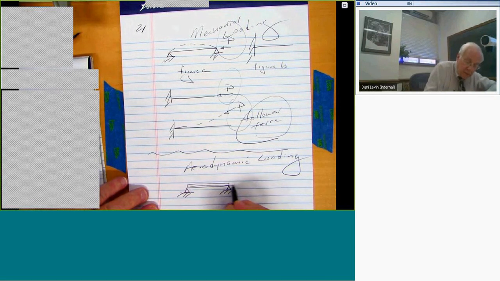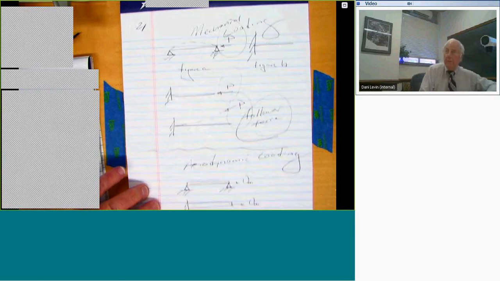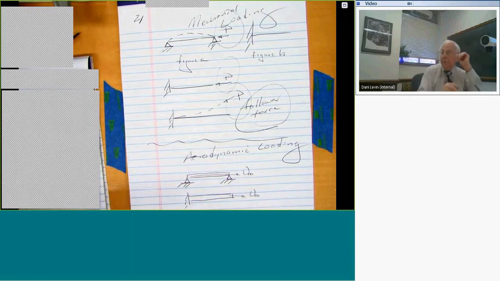So there's an internal flow with a certain velocity. And of course, you can do both pipes. You can do the cantilevered pipe as well as the pinned-pinned pipe. Guess what happens? In the pinned-pinned case, it diverges or buckles. In the cantilever case, it flutters. Okay. Isn't that interesting?